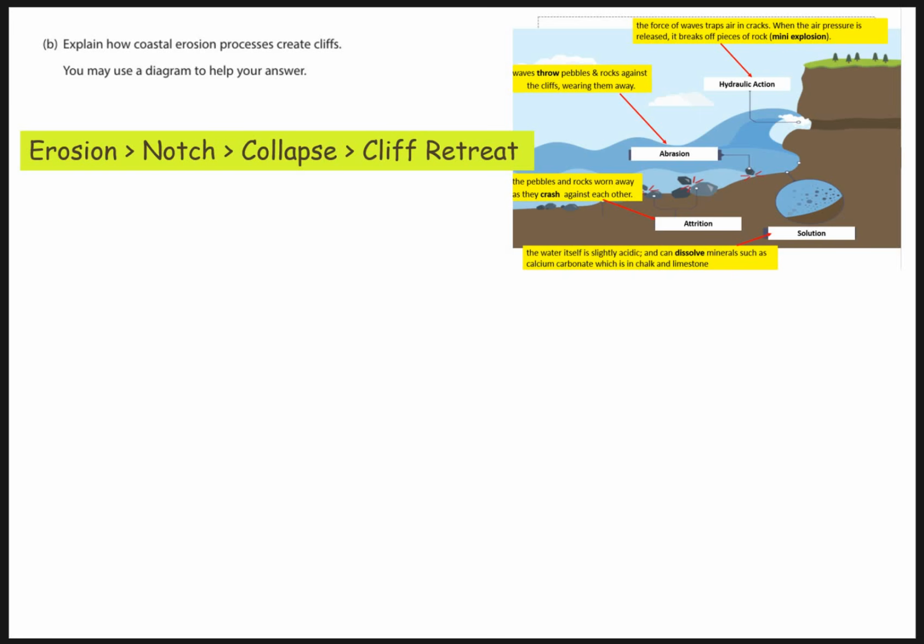This is through the exploitation of the weaknesses in the rock. The rock becomes unstable and collapses under gravity. So over time, repeated erosion and collapse creates a steep cliff and causes it to retreat. So remember, with questions like this, examiners are looking for process rather than lots of separate facts.